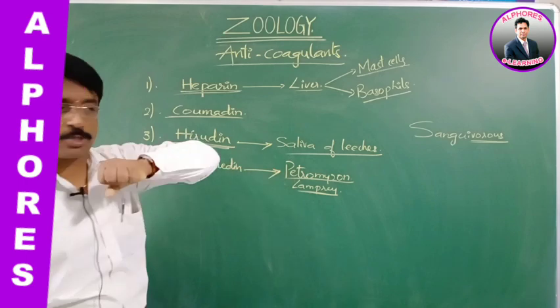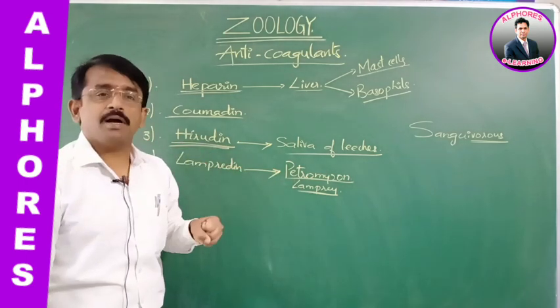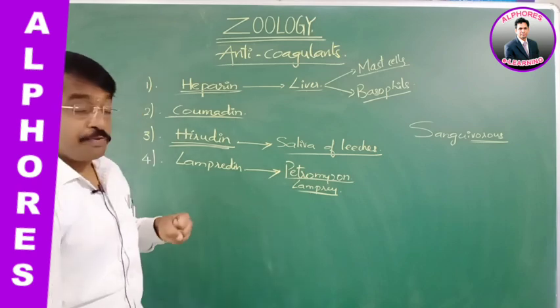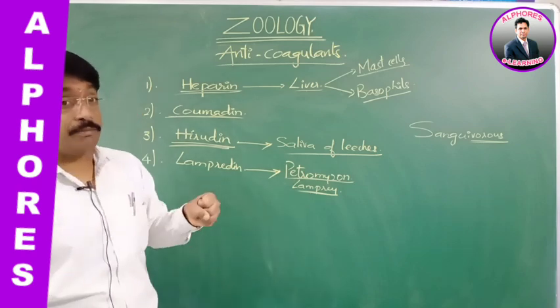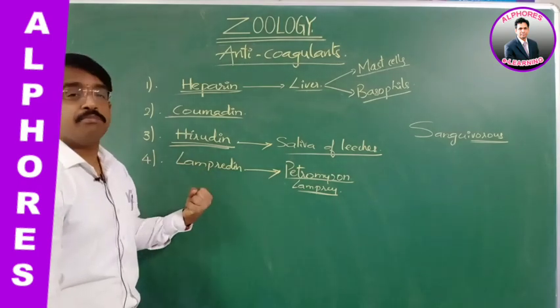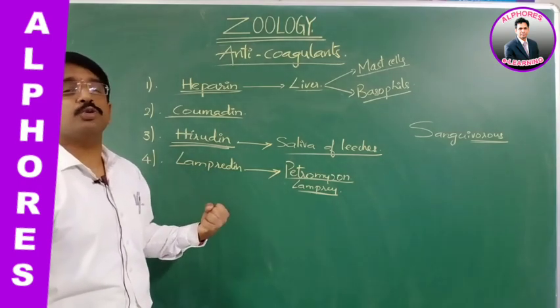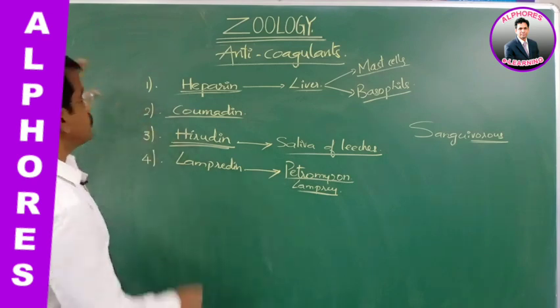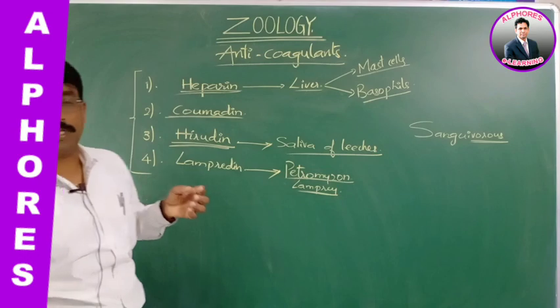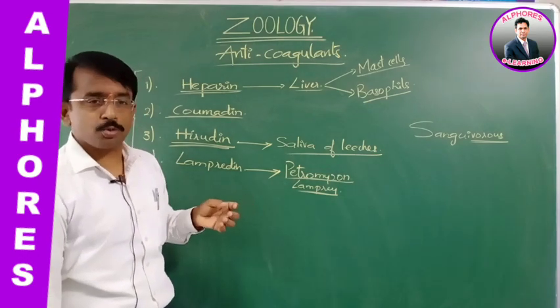It is ectoparasitic and sucks the blood from other animals. As soon as the blood comes out, it would clot. For that, it releases lampredin, which does not allow the blood to clot, and it takes the blood. So these are the list of anticoagulants which do not allow the blood to clot.